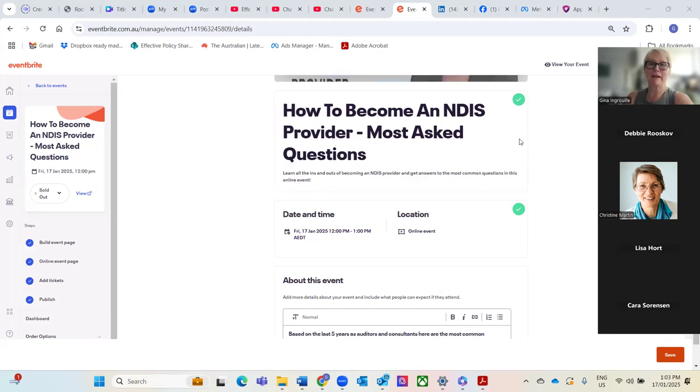Someone asked the question about basics, as in the basic services to deliver as a first timer. So for cost for basics, you're looking for the core module. You'd also have assistance with medication and assistance with clinical waste, because you would be helping people with personal care.